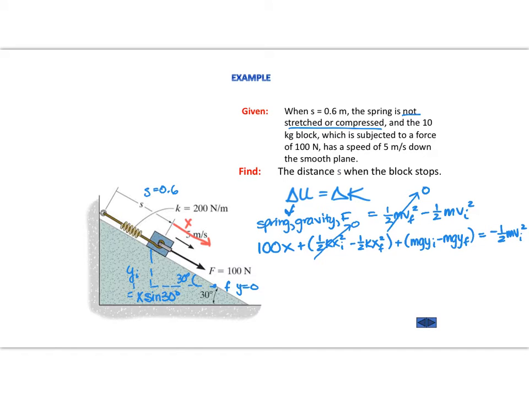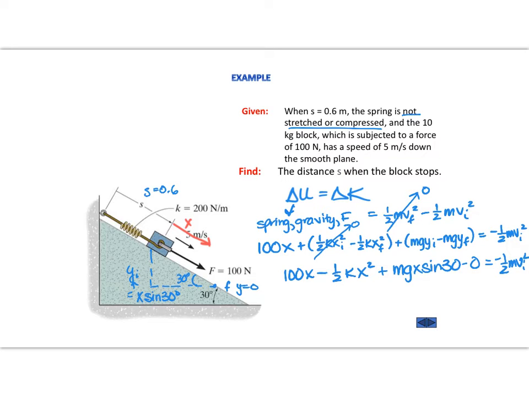Using those things, I can simplify this expression a little bit: 100x minus 1/2 kx squared plus mgx sine of 30 minus 0 equals minus 1/2 mv initial squared.